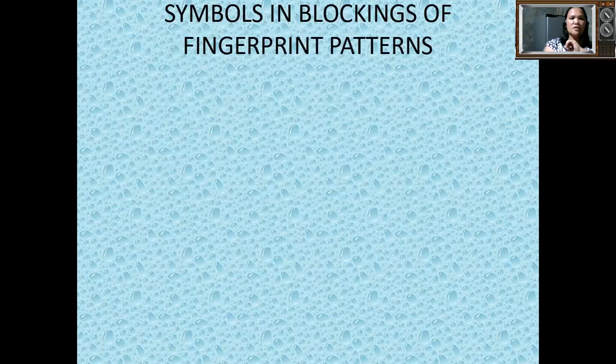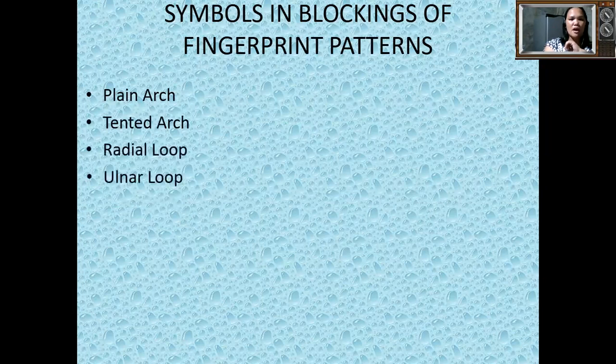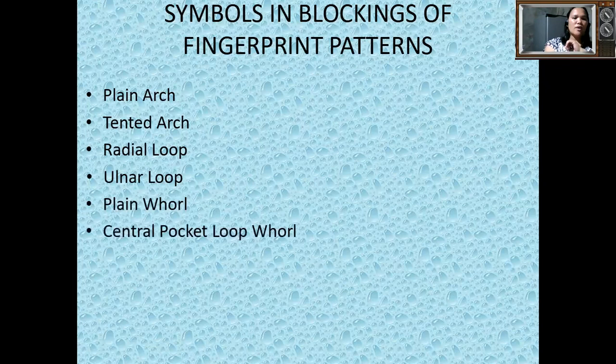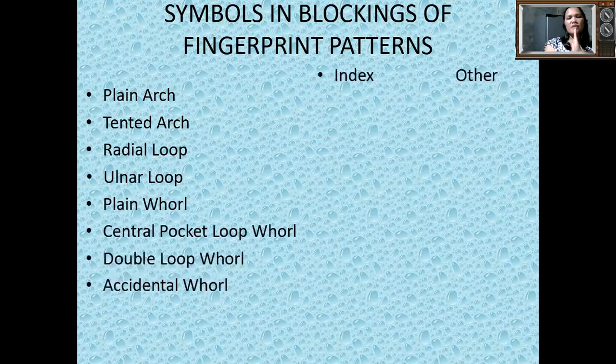So we have here the different fingerprint patterns and their corresponding symbols that are used in blockings. One thing that you have to remember is that patterns appearing on the index finger will be written in capital letters.